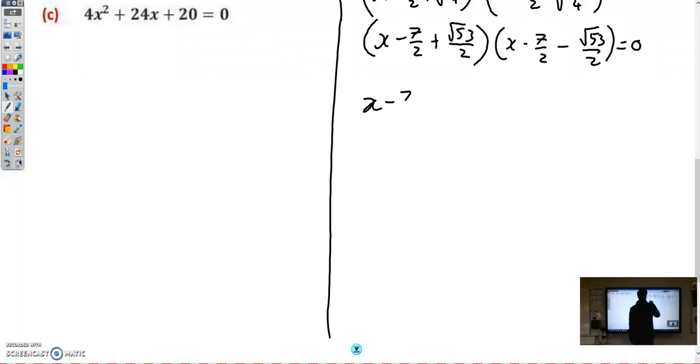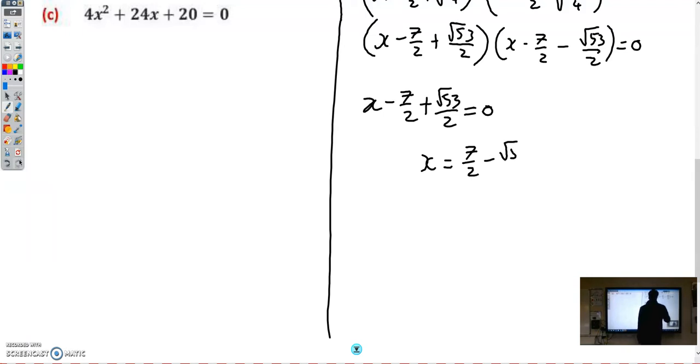So x minus 7 on 2 plus root 53 on 2 is equal to 0, in which case x is equal to 7 on 2 minus root 53 on 2, or equal to 7 minus root 53 all over 2.